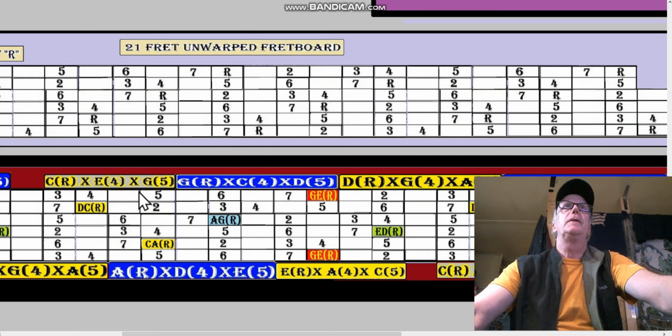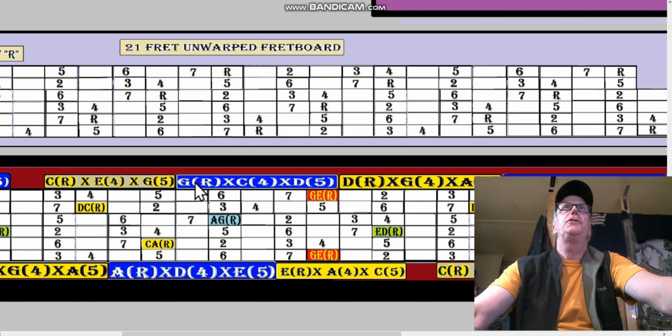Now if you just look at the adjacent boxes, without any sharing of notes at all, what do we get?